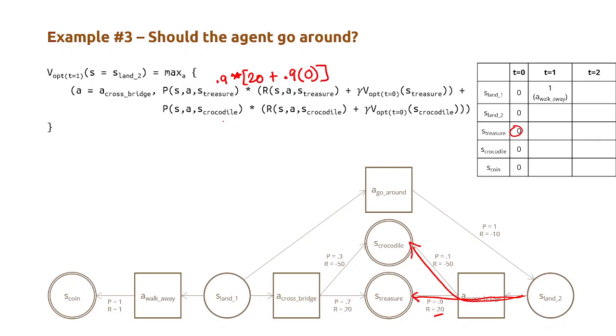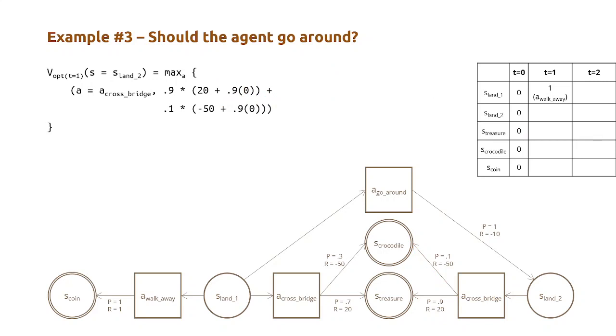Then below we have the crocodile path. So what's the probability of going to the crocodile when crossing the bridge at S2? It is 0.1, times the reward of negative 50, plus 0.9 times 0.